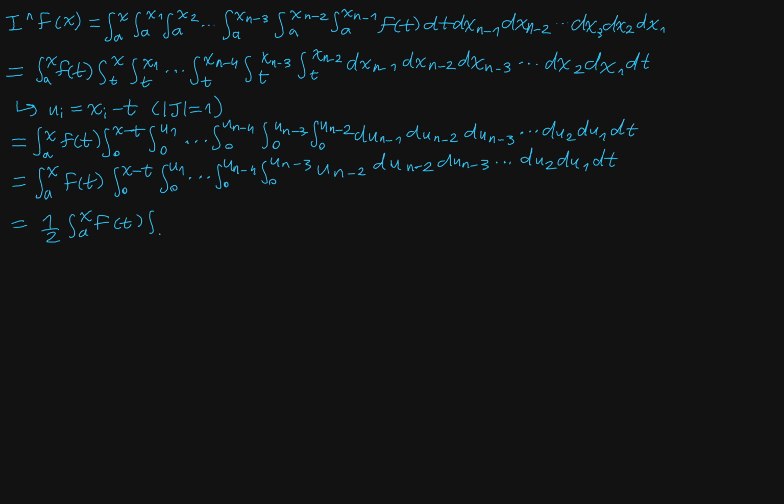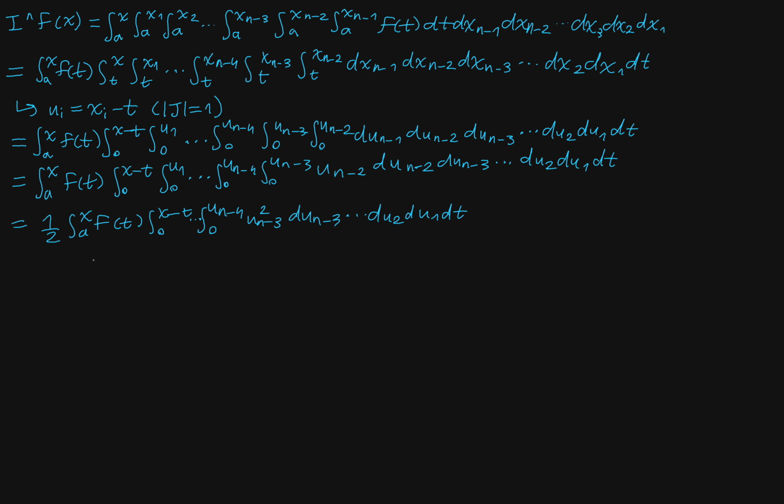F of t, integral 0, x minus t, zero to un minus 4. Now we're going to get un minus 3 squared, dun minus 3, all the way down, du2, du1, dt.